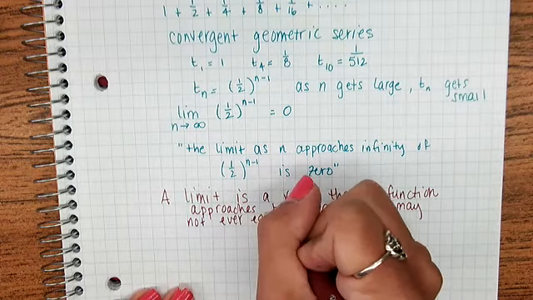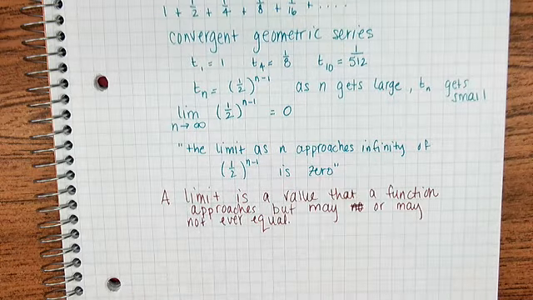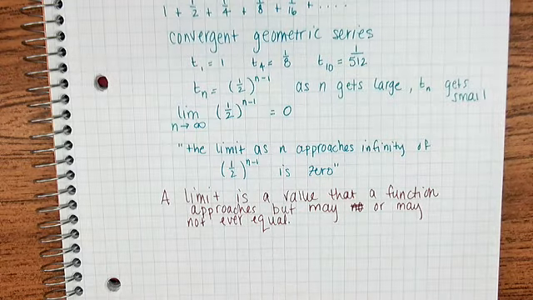This is an English definition. This is not mathematical. Asymptotes are great examples of limits. You approach an asymptote, but you can never touch it.